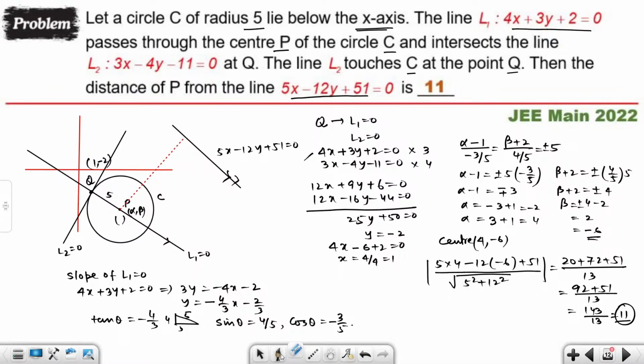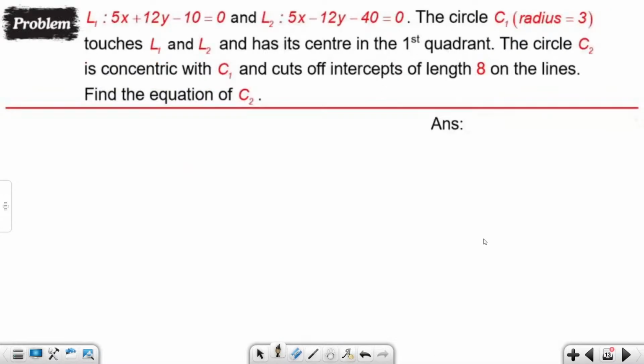Okay, so let us move to the next problem. What is the question? L1 is given, L2 is given. The circle C1, which is of radius 3, touches L1 and L2 and has its center in the first quadrant. Be careful. The center is in the first quadrant.